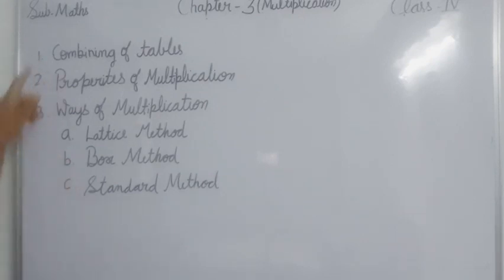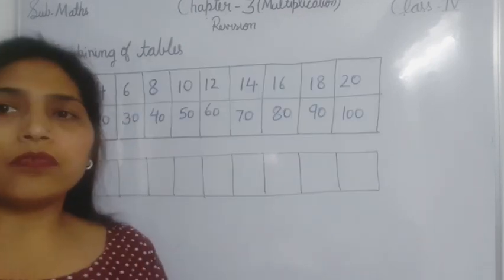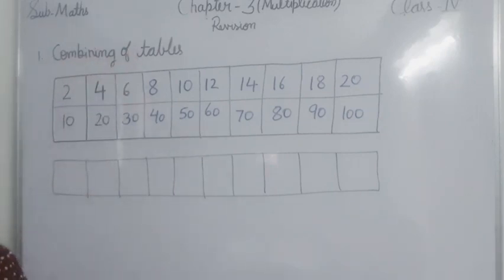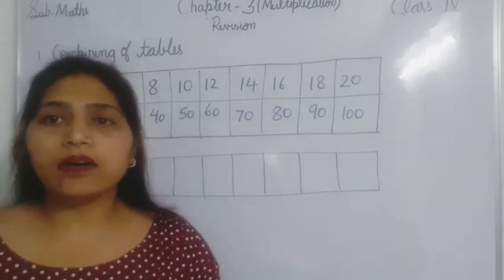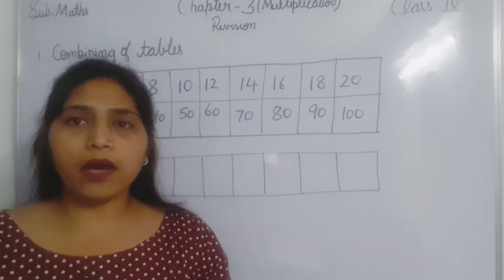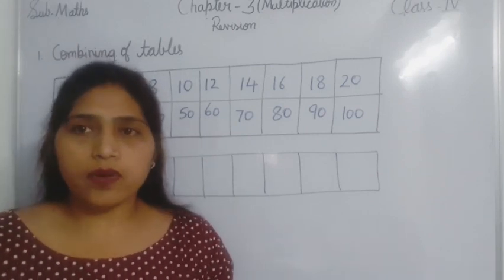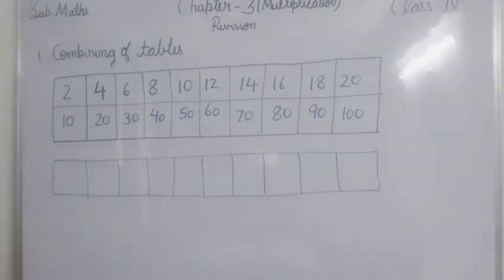So let's start with the combining of tables. The first topic is combining of tables. What is the meaning of combining tables? Using combining of tables we can create a bigger number table. Like if I combine the tables of 2 and 10, I can make a table of 12. Let's take one example.